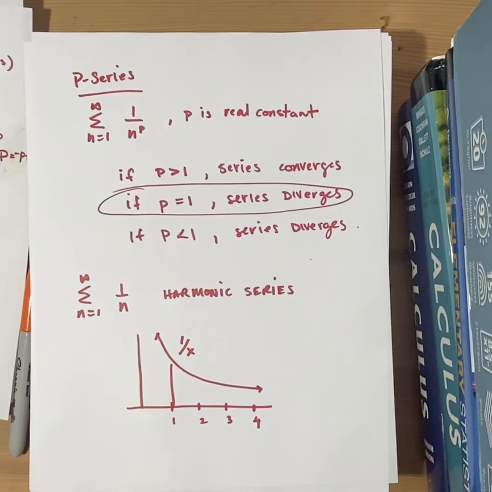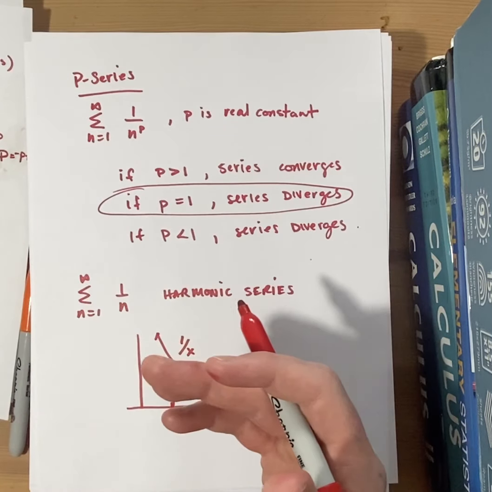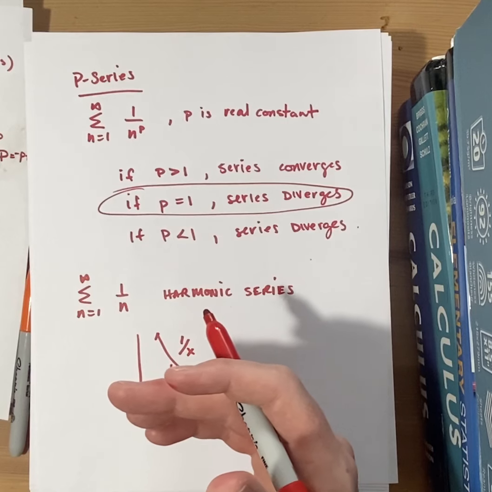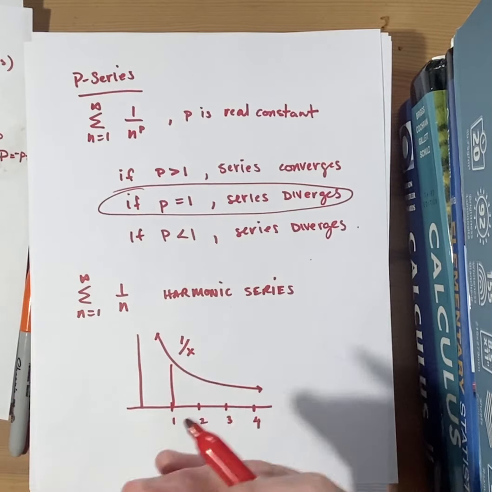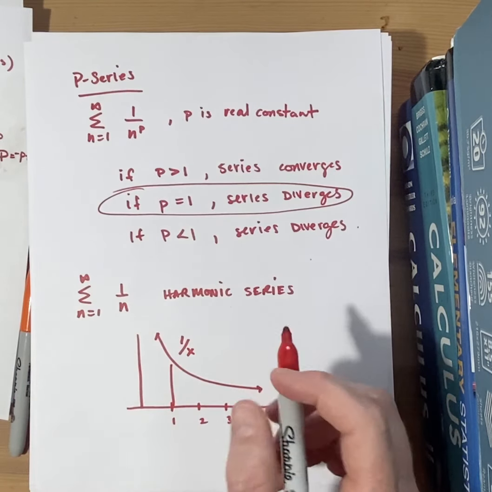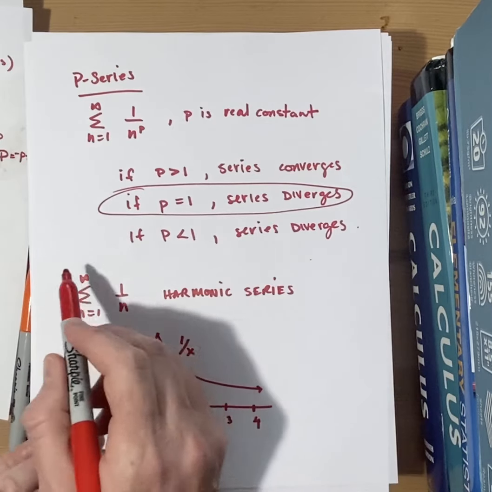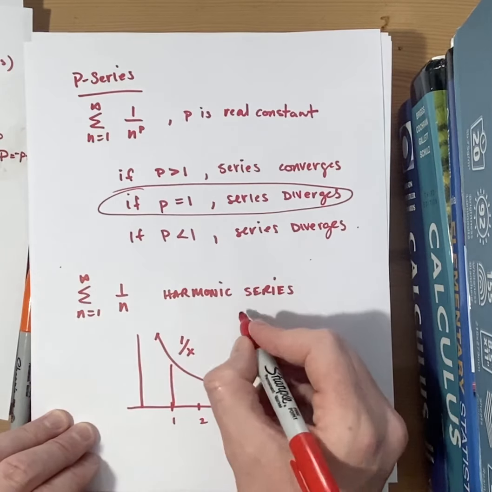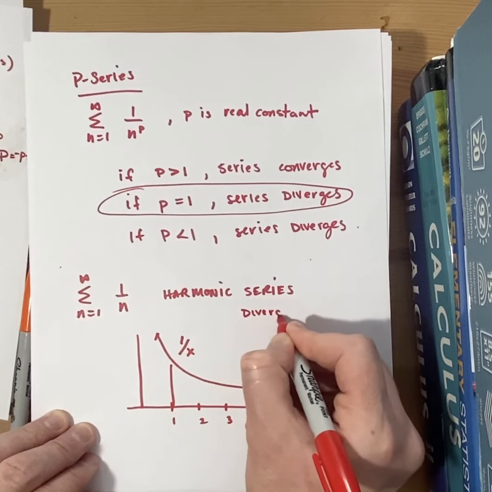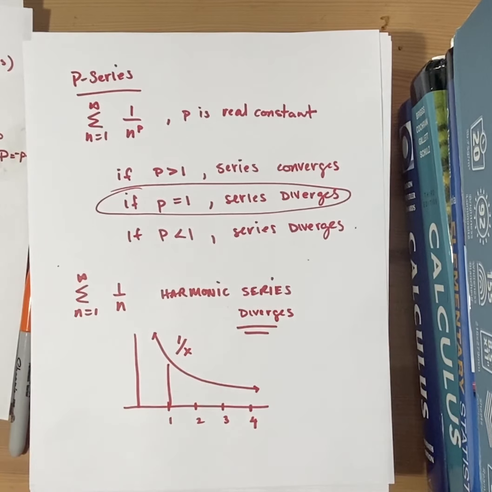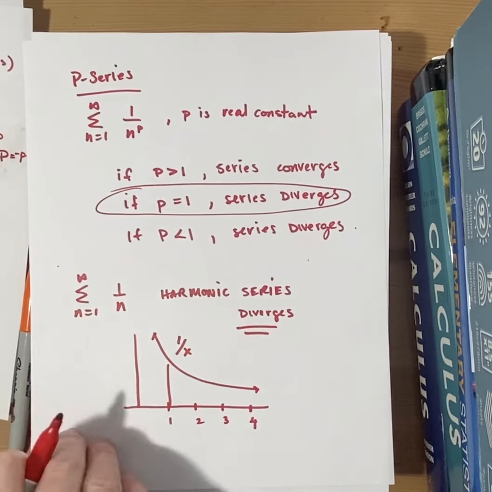So it's not so much a function, just think of the values that you're getting. Because we were doing the integral test, you could see that eventually this thing does grow and grow and grow. This is really important in the sense that we need to know that this diverges. Harmonic series always diverges.